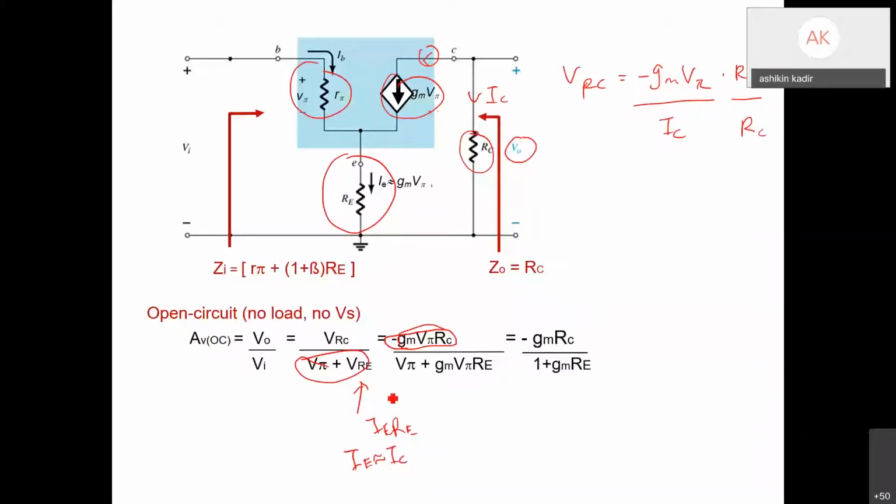IE is about the IC value, so you can use IE equals IC, and IC is equal to gm V pi. So you just replace: V pi plus gm V pi RE. Then we can simplify the equation and remove the V pi. So here you get Av OC equals negative gm RC over 1 plus gm RE.